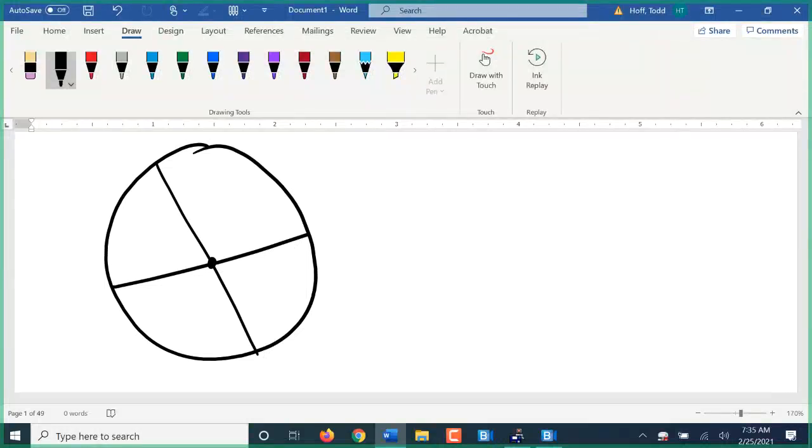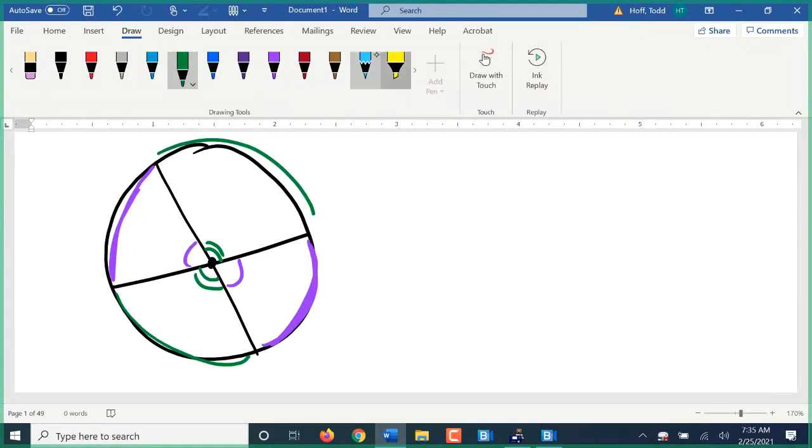If they intersected at the center of a circle, this arc and this arc would be the same because of our vertical angles. This central angle and that central angle would have to be the same. Likewise, this angle and this angle would have to be the same, making these two arcs the same. So the central angle here would just be equal to that arc, of course, because it's a central angle.